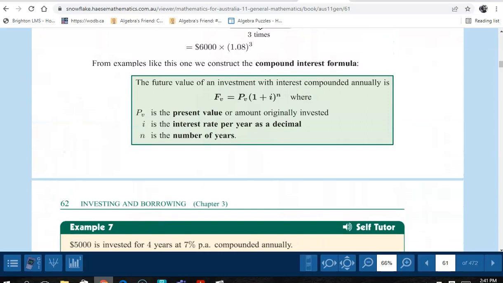Right, with your formulas, can you add this formula to your page and we will discuss it?